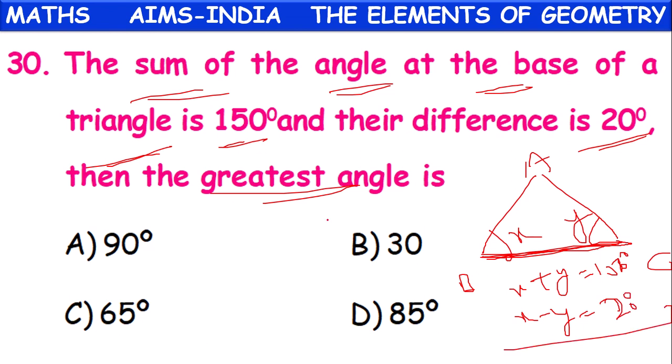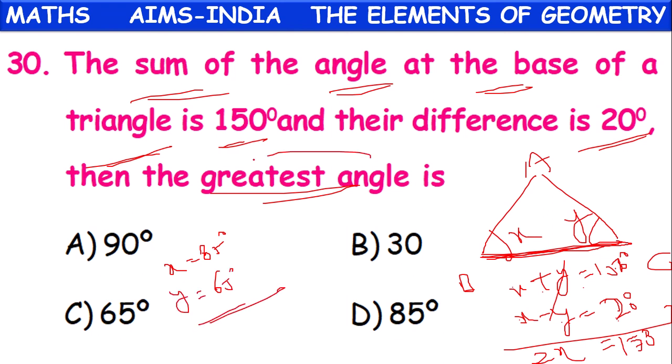If we add, 2X, Y cancels, equals 170 degrees. So X equals 85 degrees. If X is 85, X minus Y is 20, so 85 minus how much equals 20? Or 85 plus blank equals 150, 85 plus 65. So Y equals 65. But they are asking for the greatest angle, so 85 is the greatest angle.